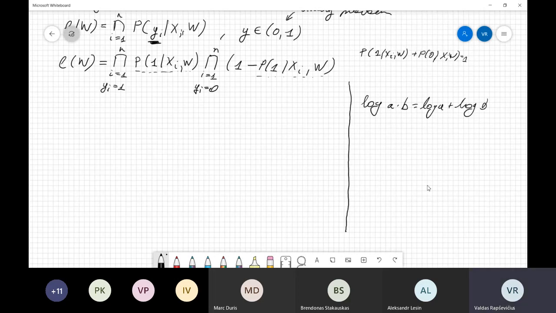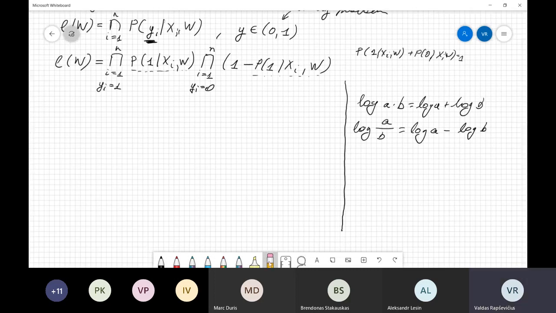Another rule is that the logarithm of a divided by b equals logarithm a minus logarithm b.